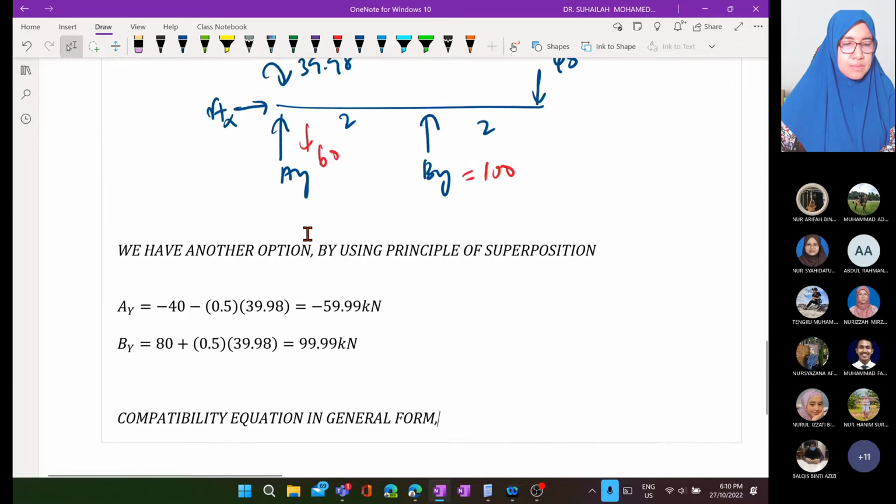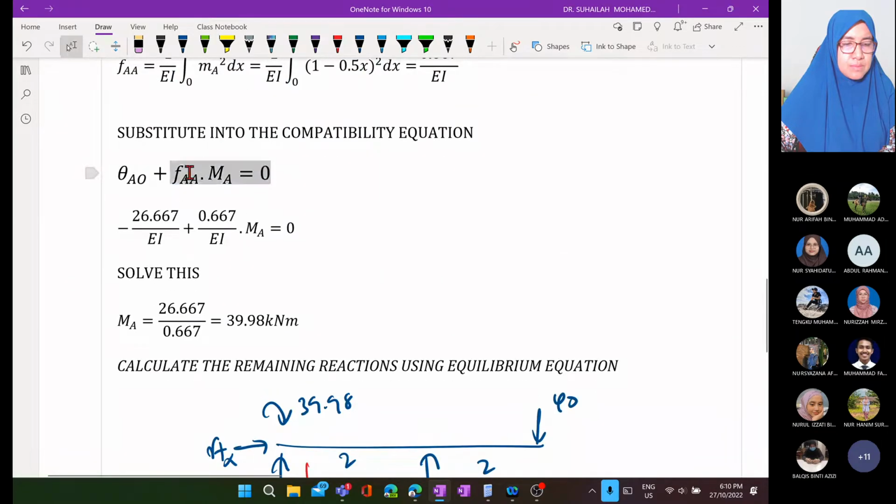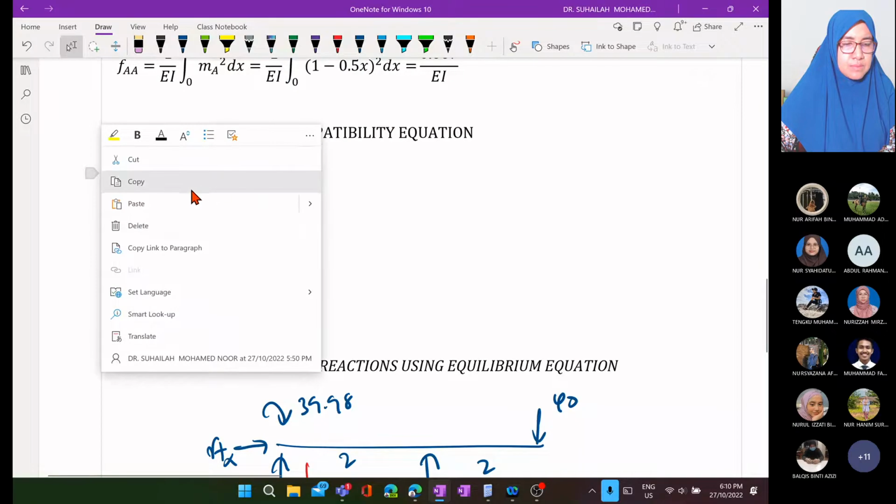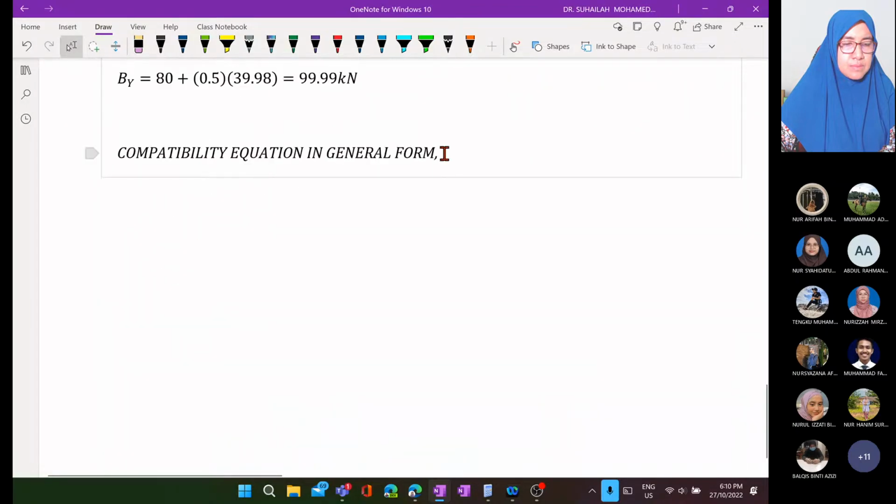So I will take this. Okay, what I mean is like this. This is the summary. Redundant: after we calculate DOI, we choose redundant.